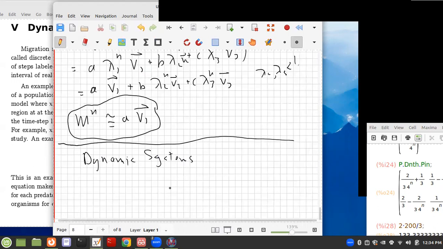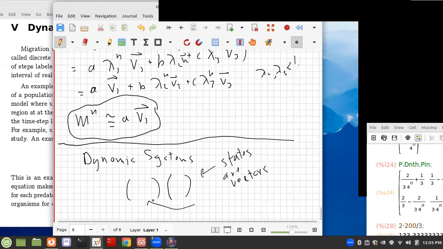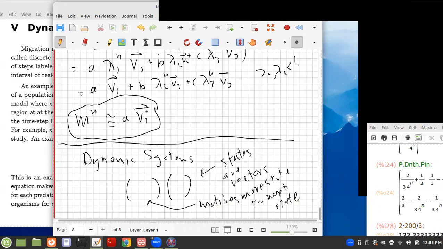Basically it's the same idea: your states are vectors, and matrices move the state to the next state. So it's basically the same pattern as the migration matrix, but you don't have the restrictions. They don't have to be Markov matrices.